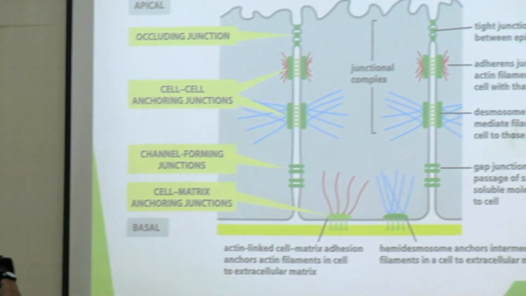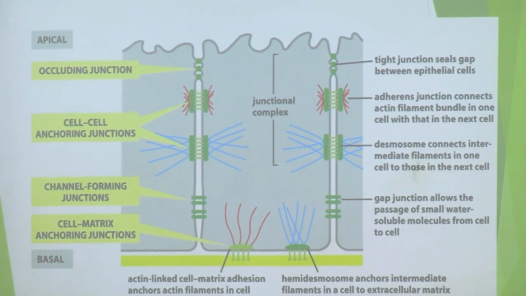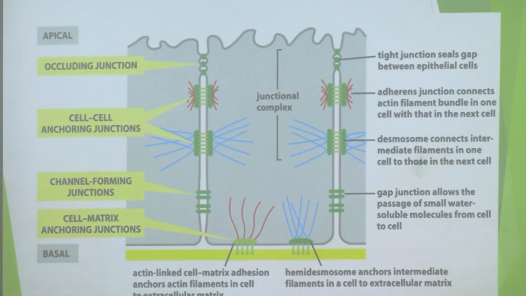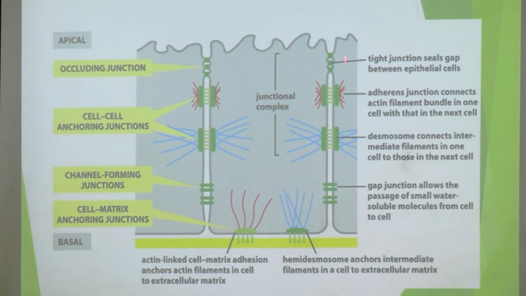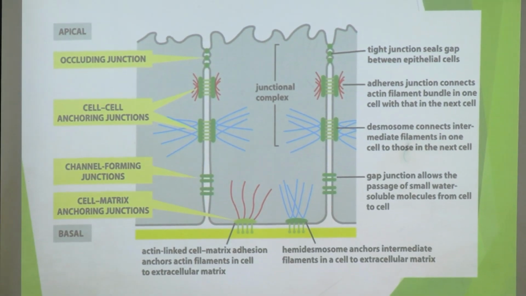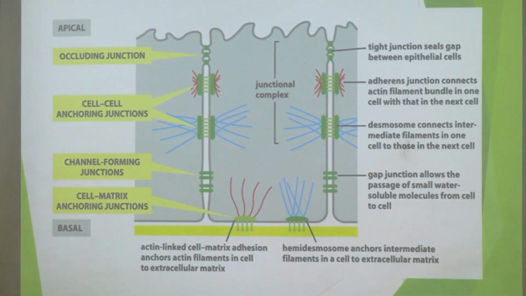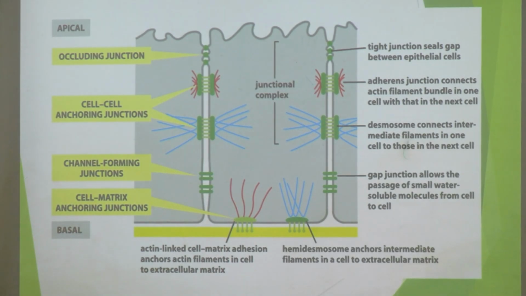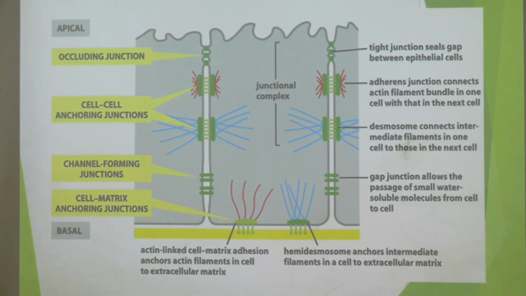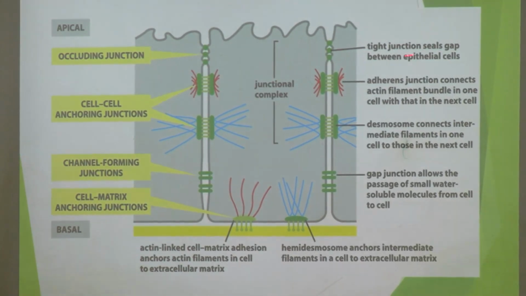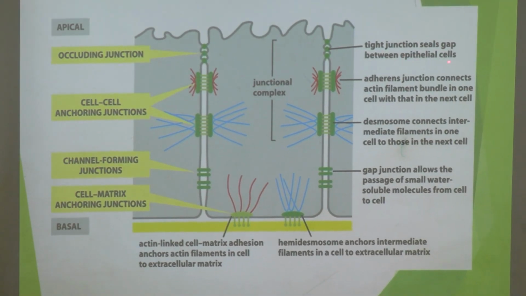These are the general functional features of cell junctions. So what are the general functional features? This is the first one, called tight junction. Tight junctions are junctions which make contact between adjacent cells very tightly, which makes a seal, right? So tight junction seals the gap between epithelial cells.